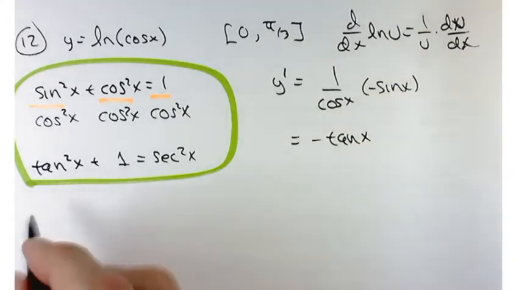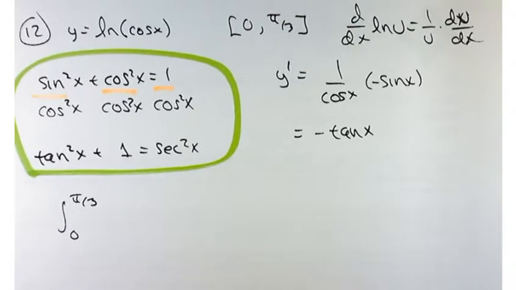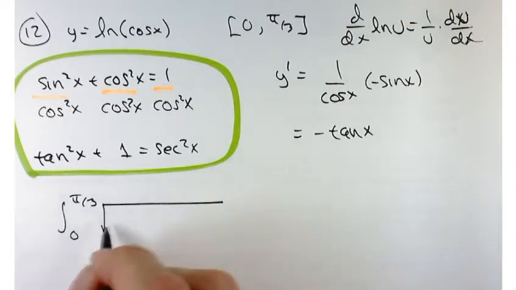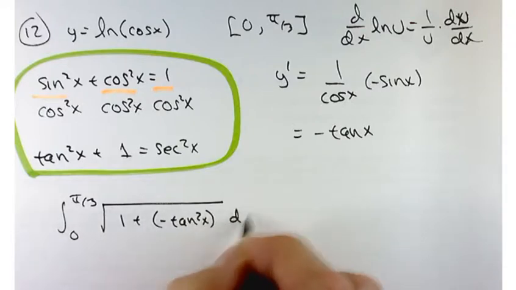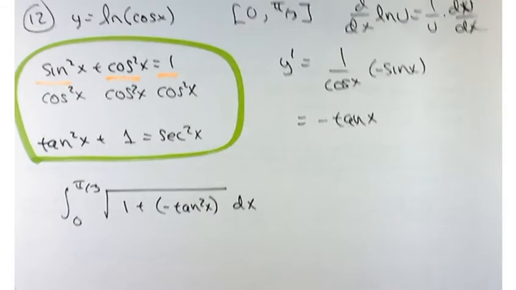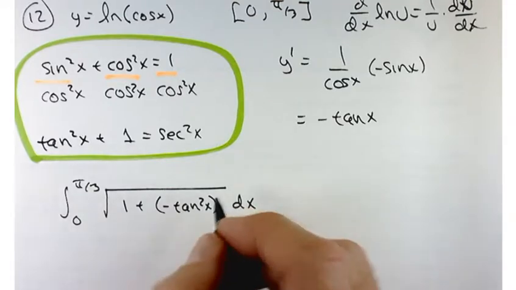Let's put it in and find an integral that reflects the arc length of this curve. So, integral between 0 and pi over 3. Without looking up here, see if you can fill in the rest of this integral. What's it going to look like? Actually, you know what?